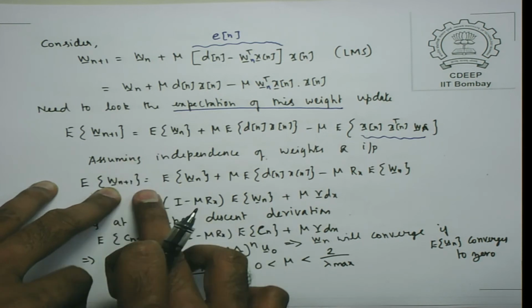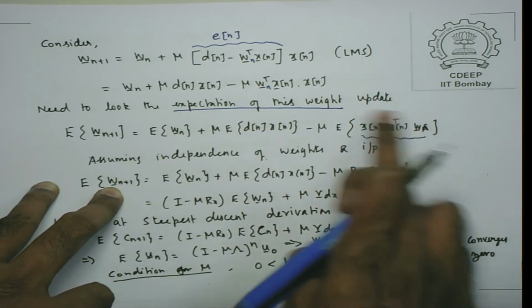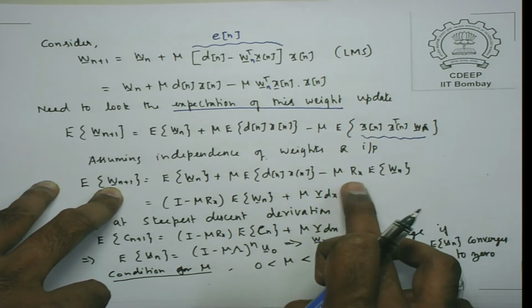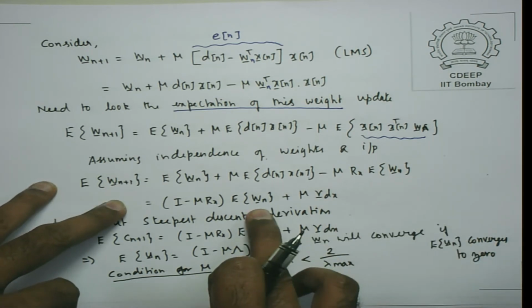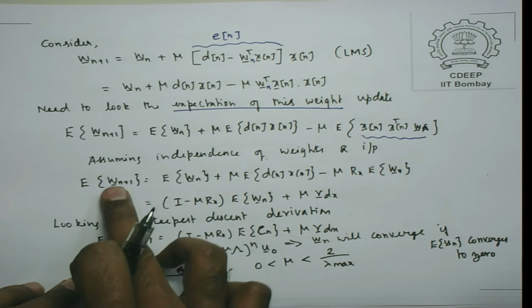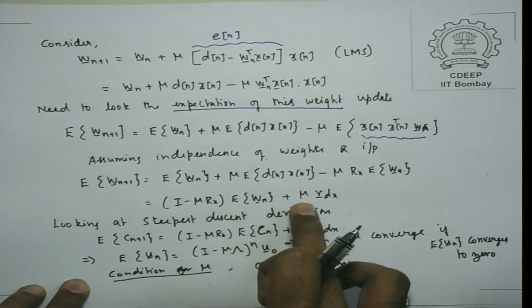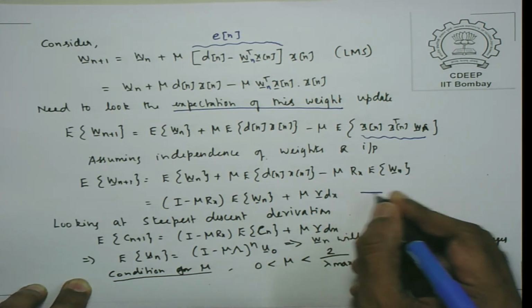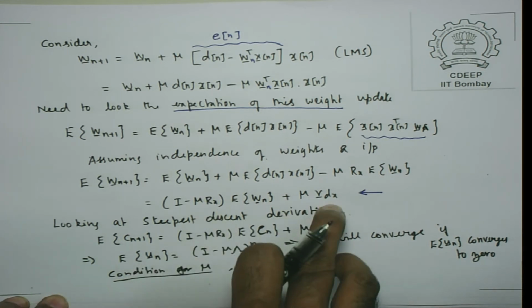So, if we rewrite this equation, we could rewrite this by moving around the expectation as Rx times the expected value of Wn. Regrouping the weight terms, we can rewrite this as (I minus mu Rx) times the expected value of Wn plus mu Rdx.